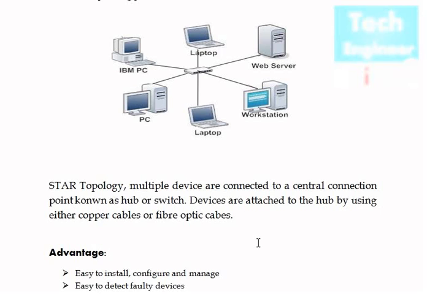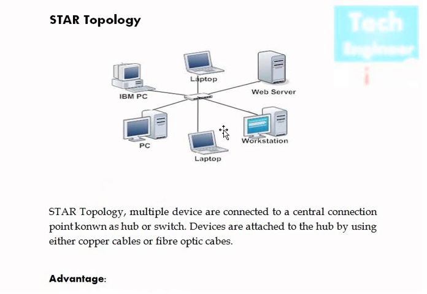So by the diagram you can understand that either a hub or a switch represents the network, using copper cables or fiber optic cables. So this is the basic structure of a star topology.